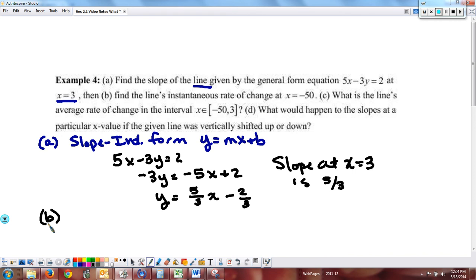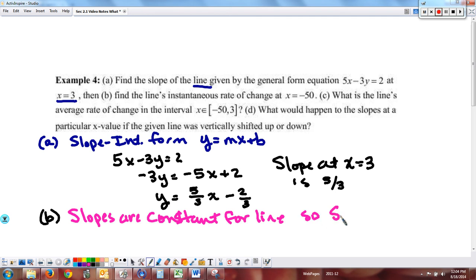For this next part, it's asking me to find the line's instantaneous rate of change at x equal to -50. Well, remember, slopes are constant on lines. Slopes are constant for a line.